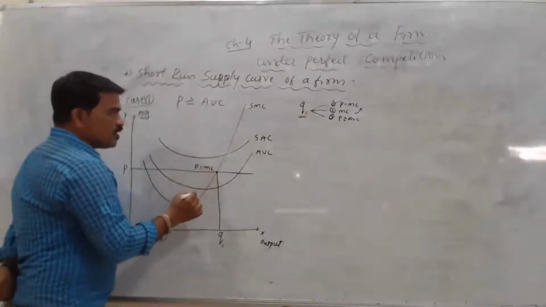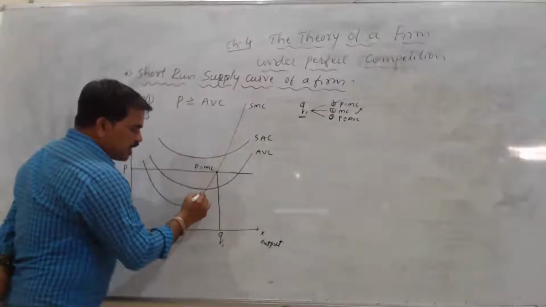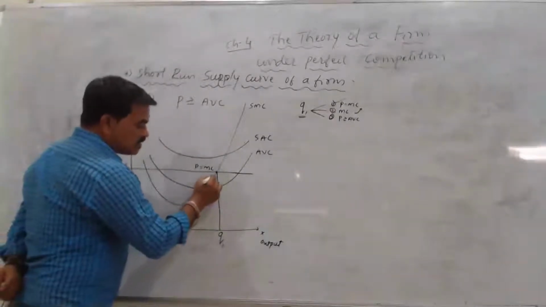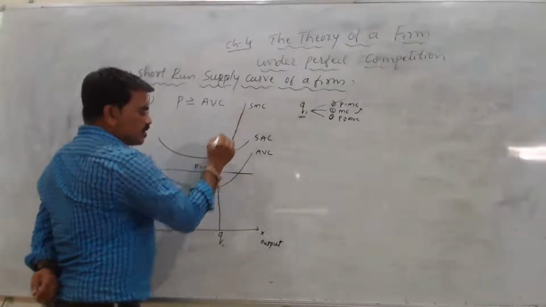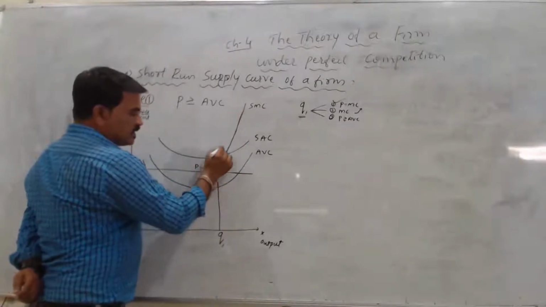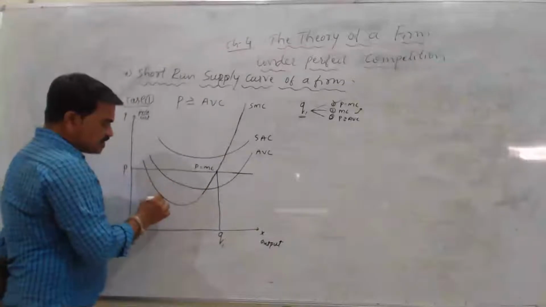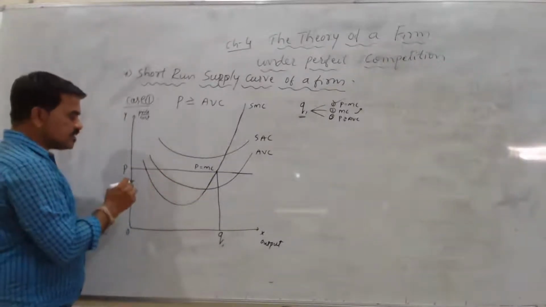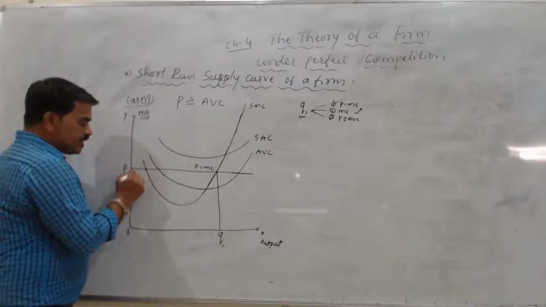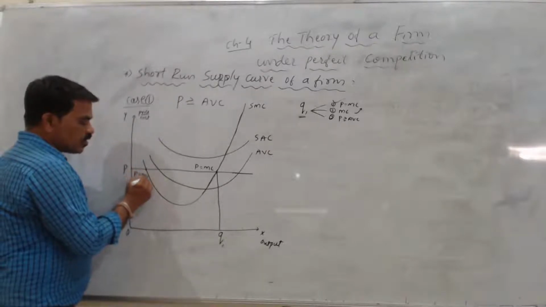At this point, if you see the marginal cost curve, it is increasing here. You can see this line. So it is increasing. This side it is decreasing. So that's why we will not consider this point, as we already discussed. Here also price P is equal to marginal cost.